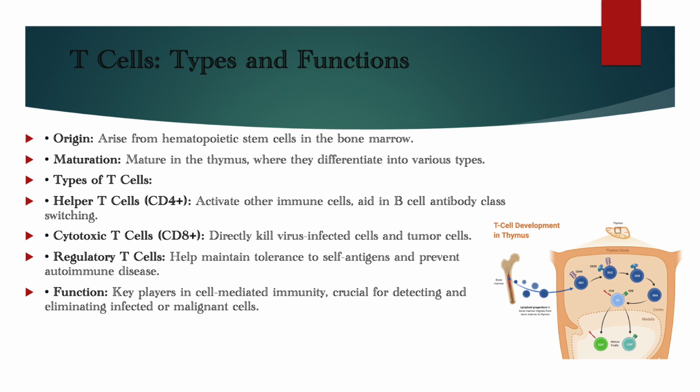And lastly, we have regulatory T cells that play a critical role in maintaining immune system balance by preventing inappropriate responses to self tissues, thus averting autoimmune diseases. Understanding these cells' roles helps us appreciate how they collectively defend against infections and maintain immune system homeostasis.